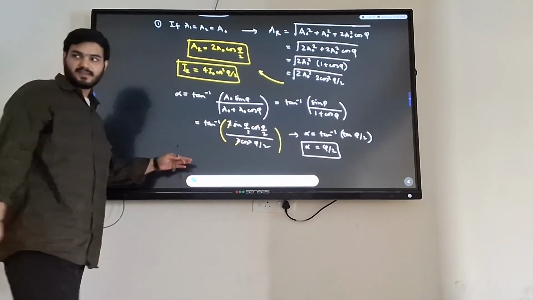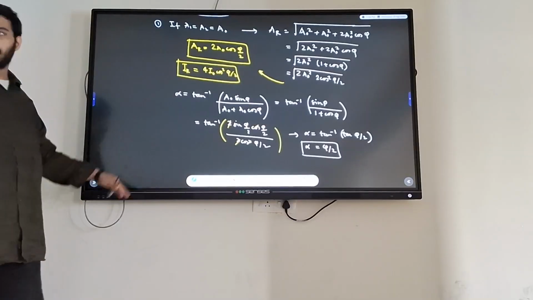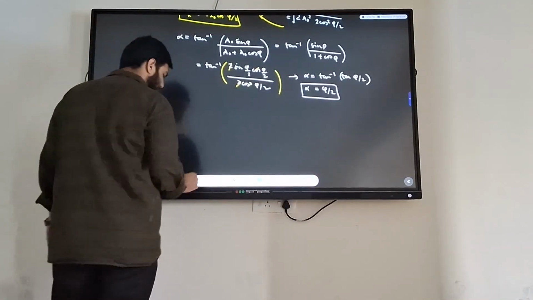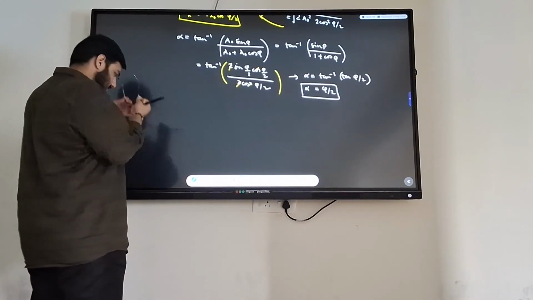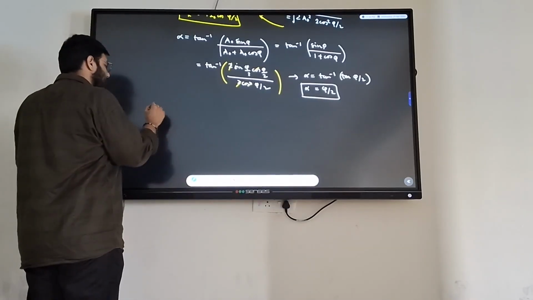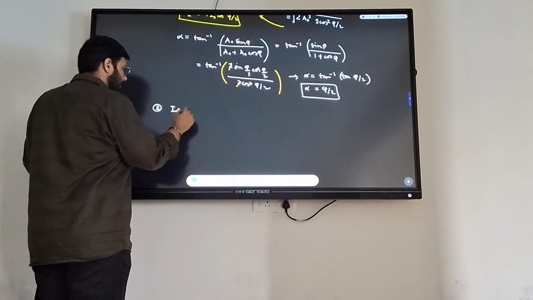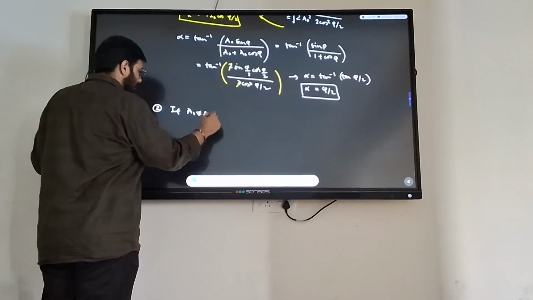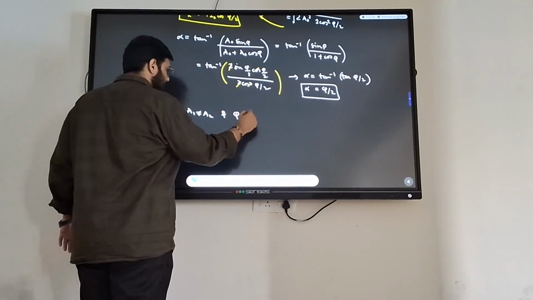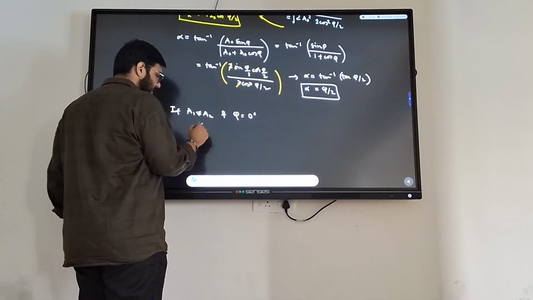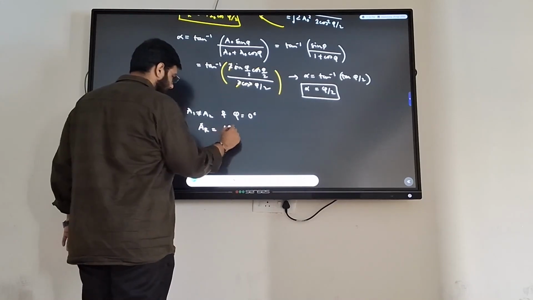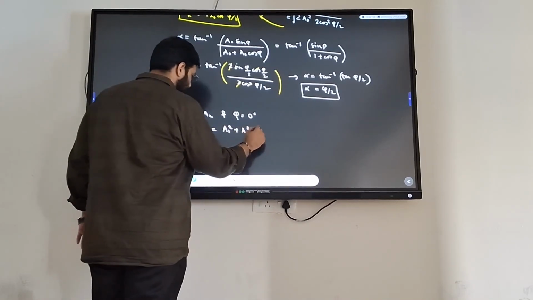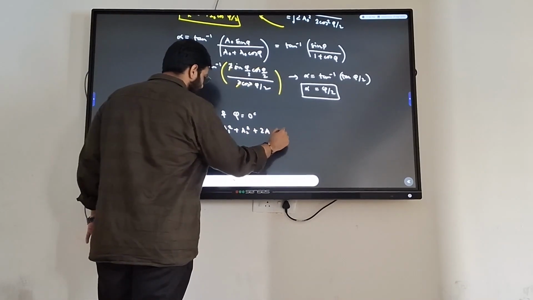Should I do that case now? You have written up till here. Take the case of the phase difference, like if A1 is not equal to A2 and phi is equal to 0 radians, then what is AR? That's A1 square plus A2 square plus 2A1 A2 cos 0.